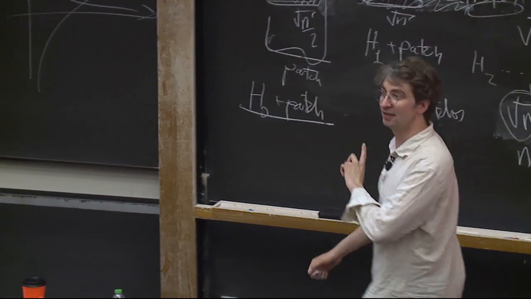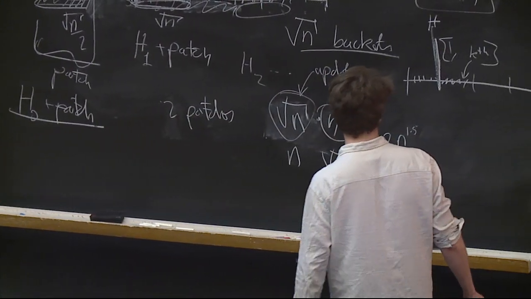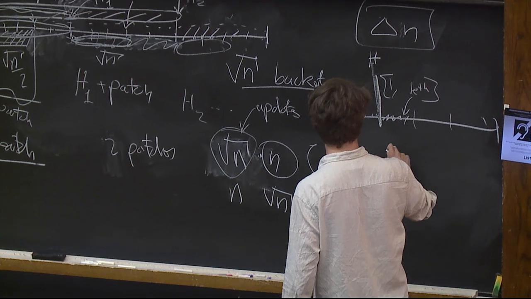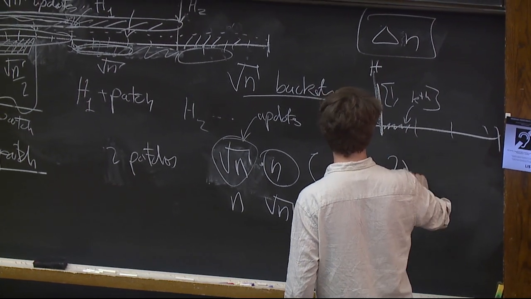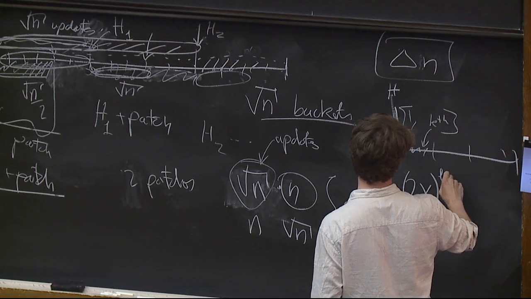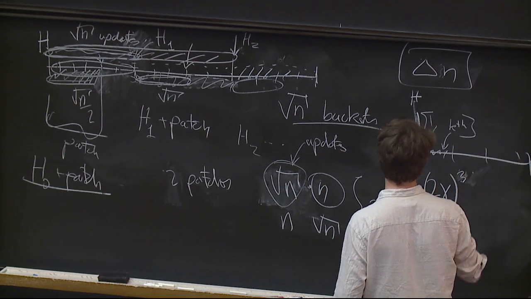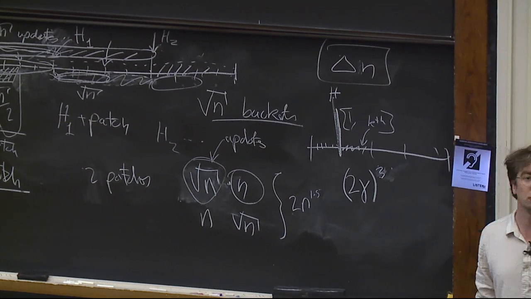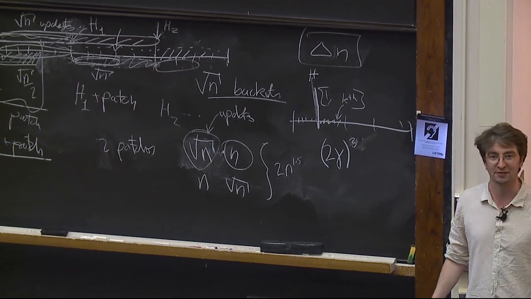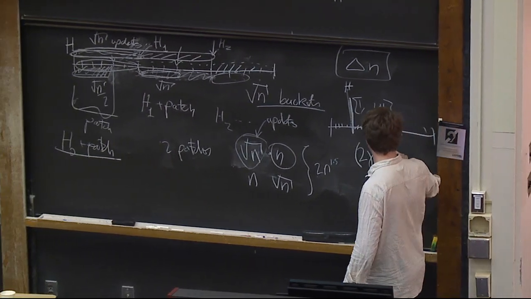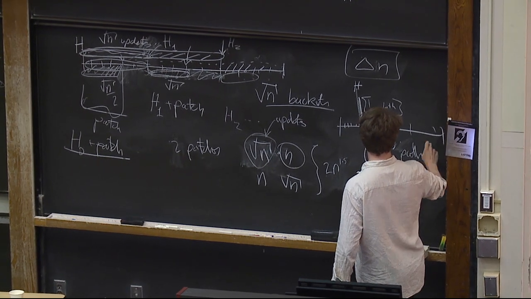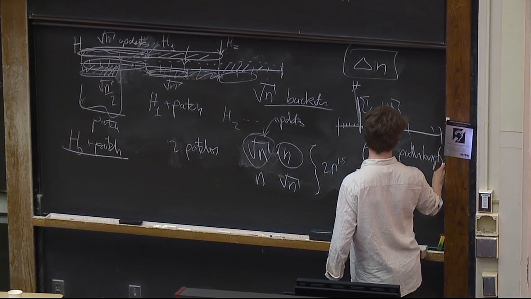So this bucketing scheme gave us a stretch of 2 gamma to the, let's say, 3. I think we applied 2 levels of patches and we started with 1 factor gamma. So this was the path length, 2 gamma to the 3.